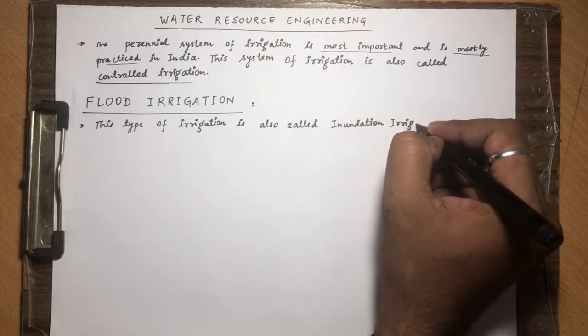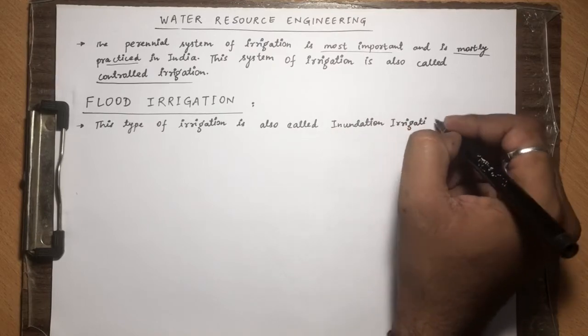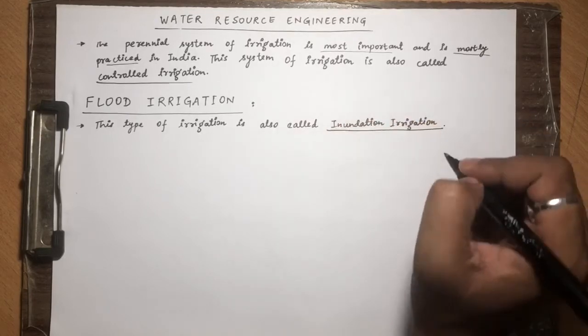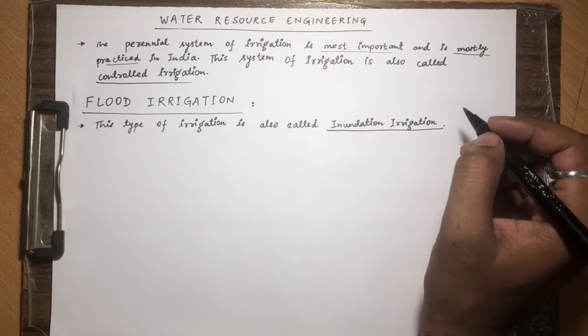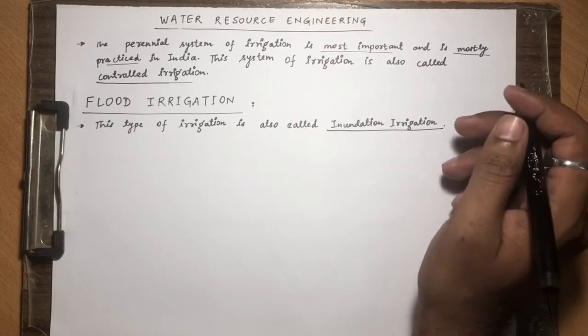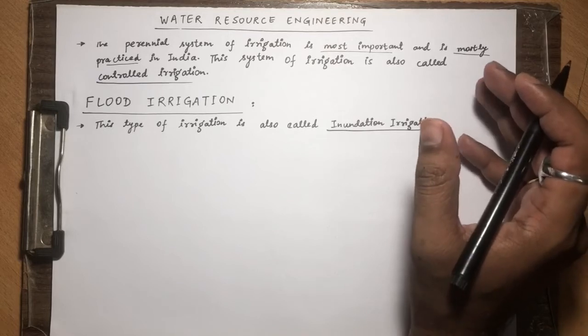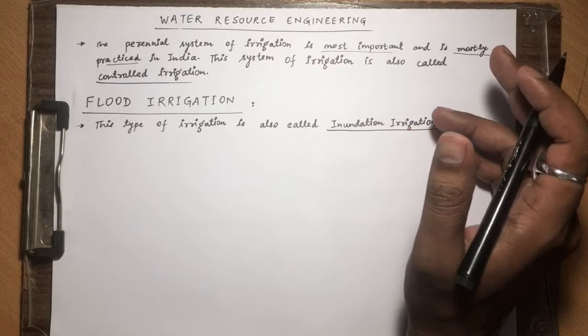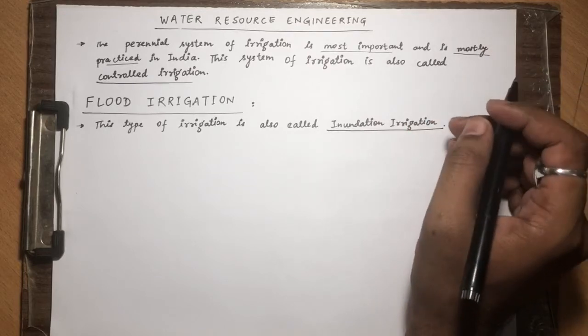Inundate means to penetrate. So in this flood irrigation system we are hitting the ground with a huge amount of water.